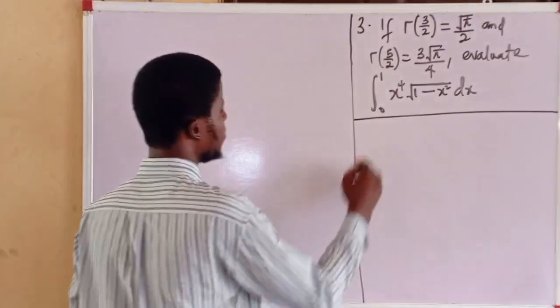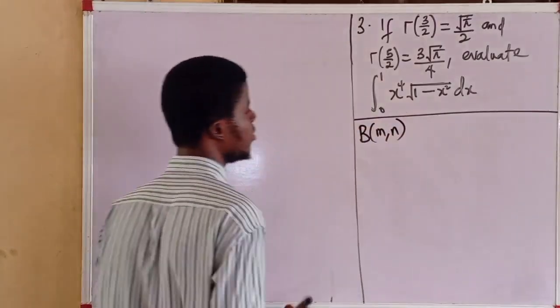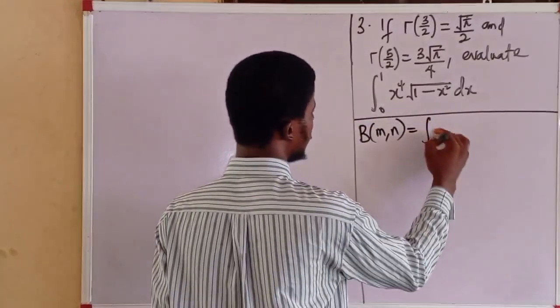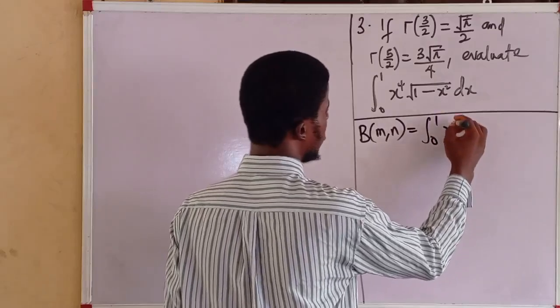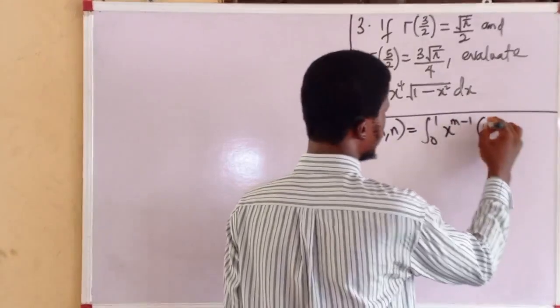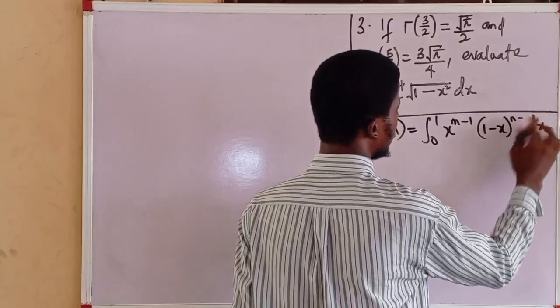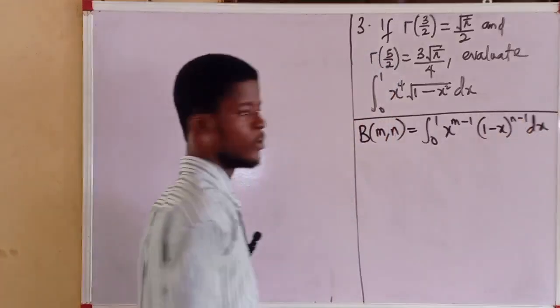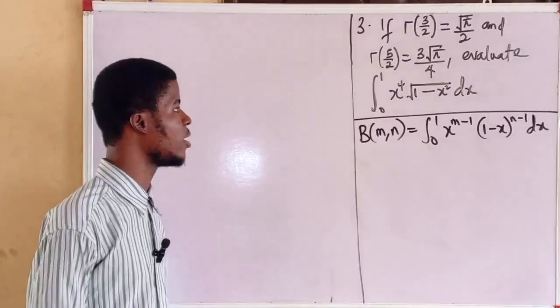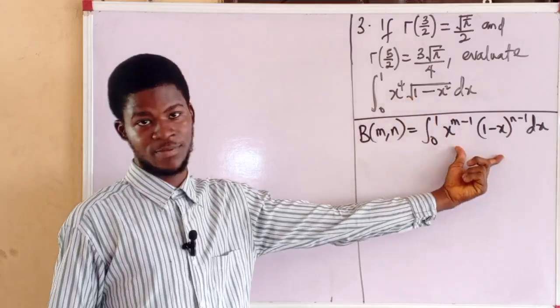First of all, the beta function of m and n, beta of m and n, is the integral from 0 to 1 of x to the power of m minus 1, into 1 minus x to the power of n minus 1 dx. This is the beta function, beta of m and n. So our job is to write this integral in this format.